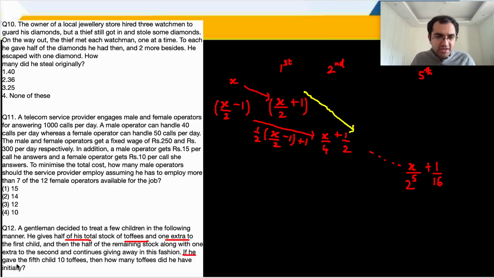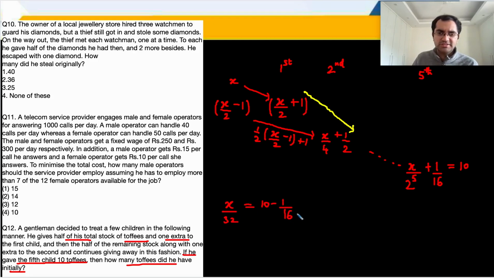And if he gave the fifth child 10 toffees, so this value is equal to 10, then how many toffees did he have initially? Find out the value of x. Okay, so solve this equation for x and that is your answer. So x upon 32 is equal to 10 minus 1 upon 16.